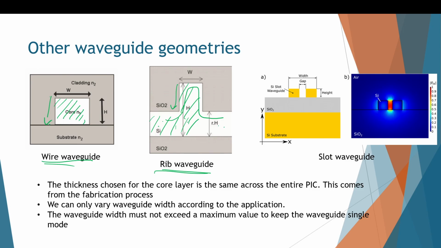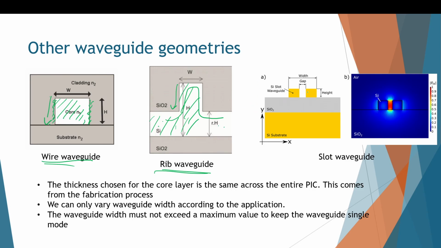So here the contrast will be lesser compared to here, and the confinement won't be as much as in this case. However, this is also preferred in some cases where we want to reduce the loss due to sidewall roughness. When we are etching it through and through, because of the roughness in the etching process, the losses might increase. So they sometimes go for shallow etch waveguides.